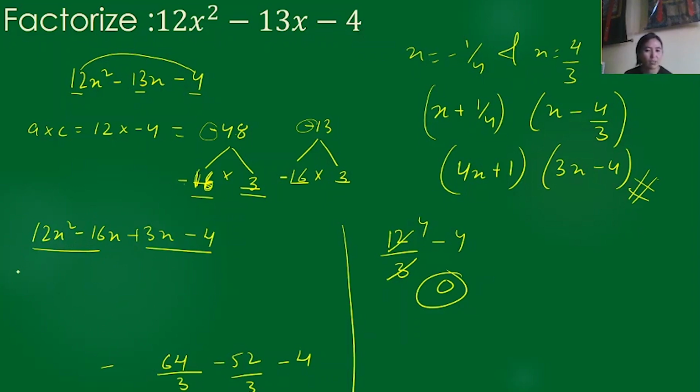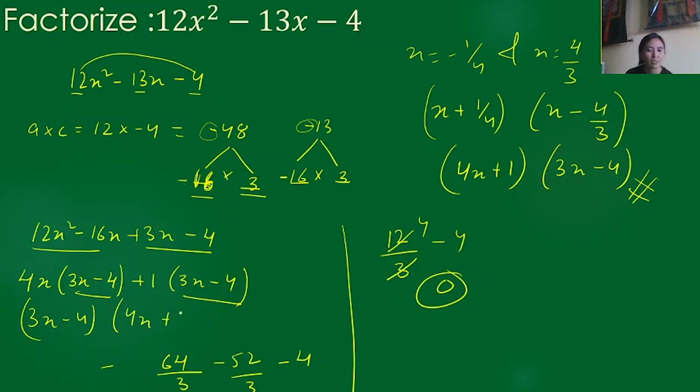So we take out 4 and x common. Inside the bracket, 4 3s are 12, so you write 3x, and 4 4s are 16, so you get minus 4. In the other group the only common factor is 1, so you take out 1 and are left with 3x minus 4. Again 3x minus 4, so you have 3x minus 4 and 4x plus 1.